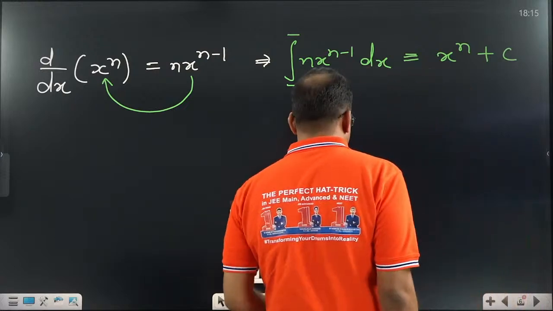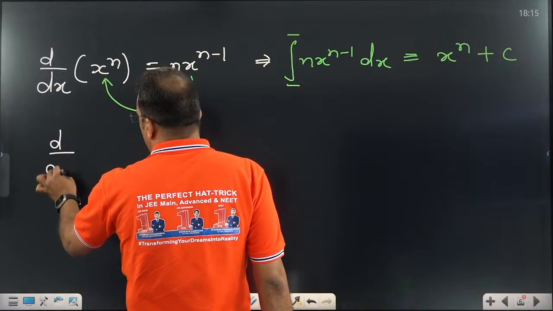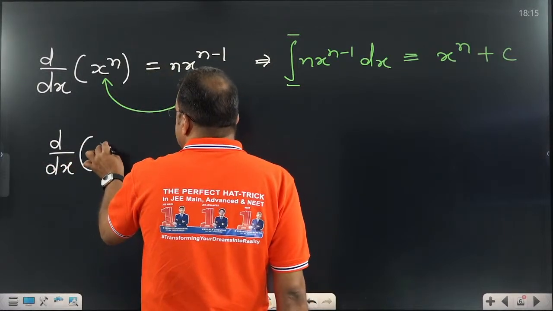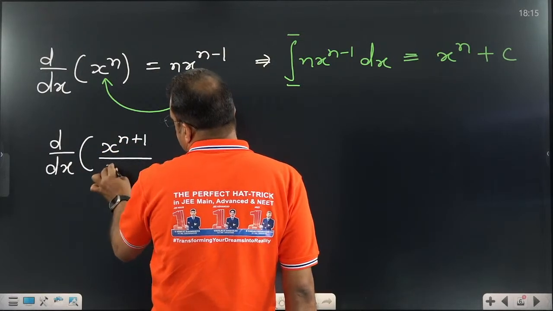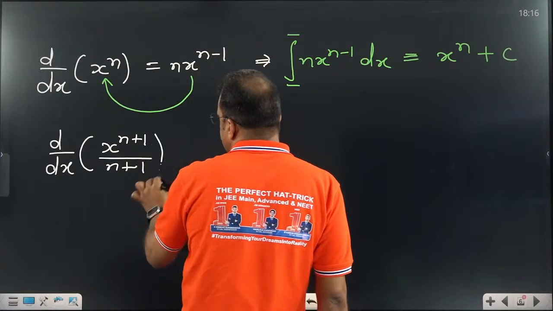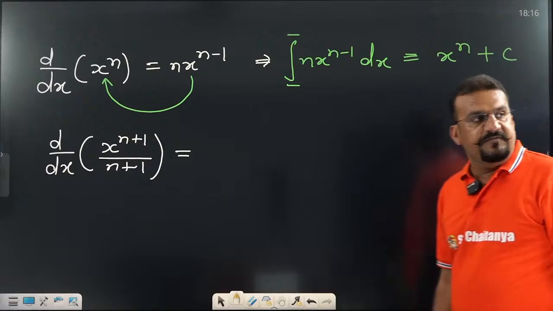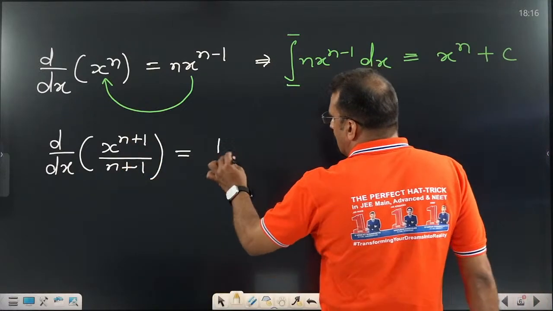Okay, let us take one more example. You tell me, dear student, if d over dx, it is given that you differentiate x power n plus 1 divided by n plus 1. What is the differentiation of this part? Let us differentiate that. When we differentiate this one, 1 over n plus 1 is the constant.